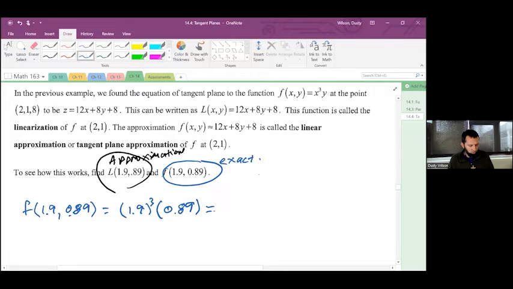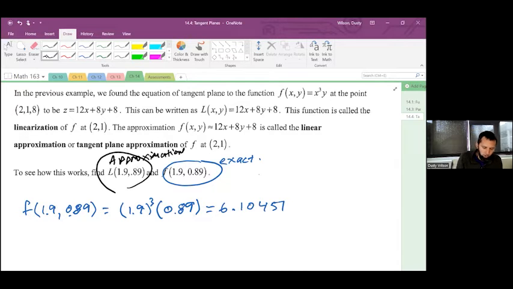Let's see, so 1.9 to the third times 0.89. I've got 6.10451. This is the exact value. The decimal actually terminates, so it actually is an exact equivalence.